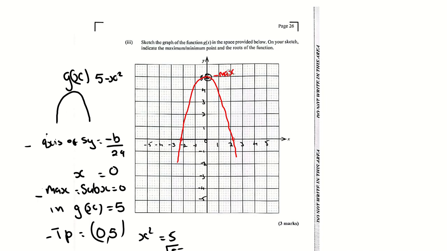Your maximum point is this, because the x squared in your quadratic was negative, right? So you have a maximum value, not a minimum value. The roots of the function would be this coordinate here and this coordinate here, negative 2.2 and 2.2. And that is how you would do this question.